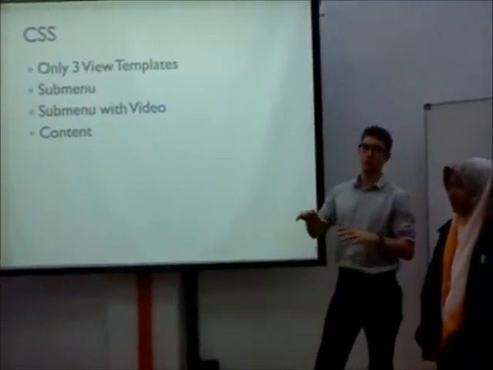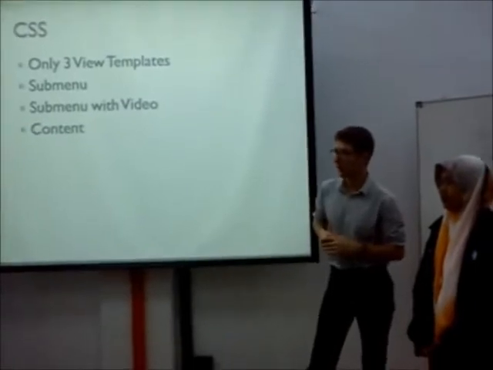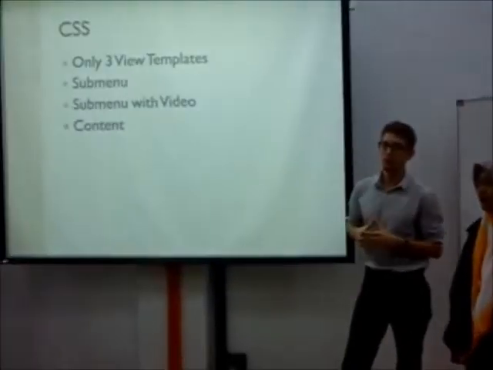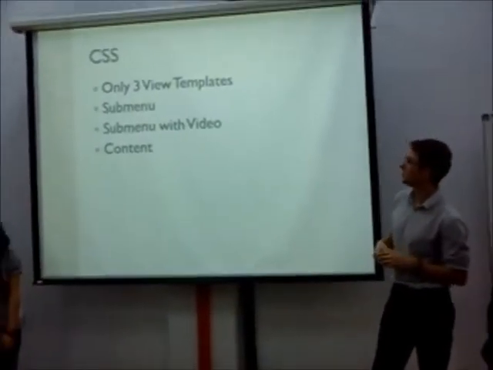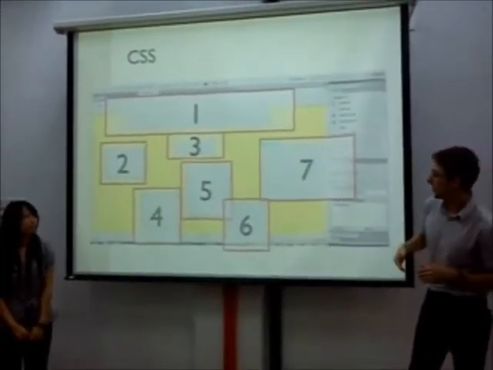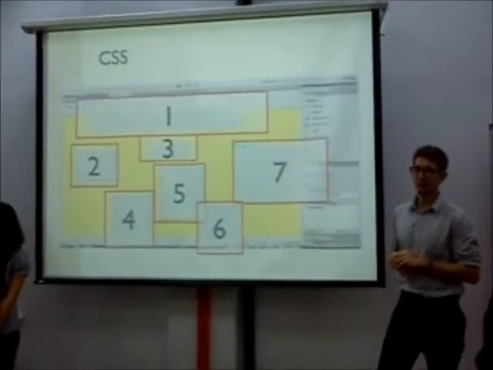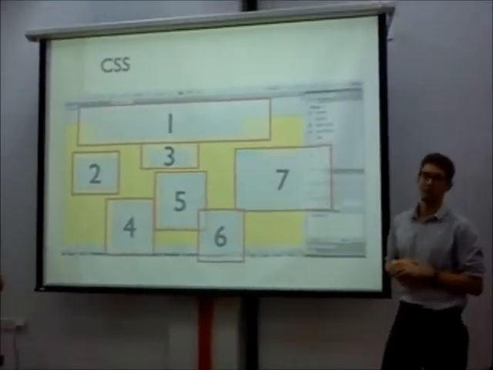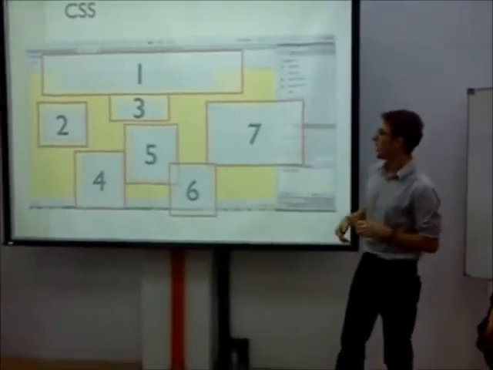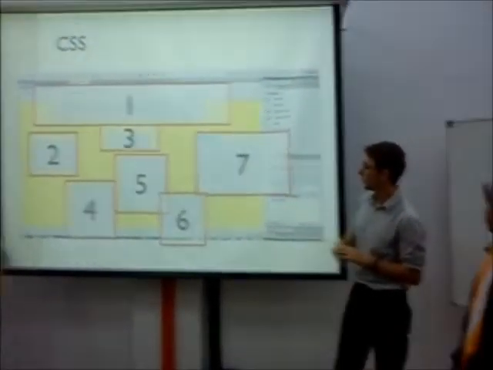We have our main menu, which I will show you later. Then we have the sub-menu and the content page. We will see this later in the live presentation. So here we see a picture of the CSS. In the CSS we can adjust each element of our product. And I have a template here.